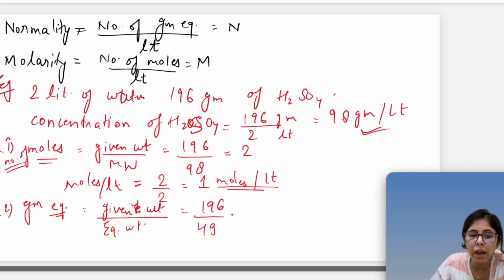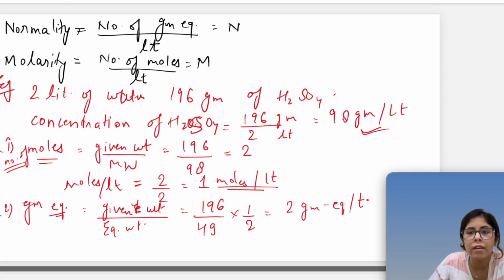So this is the number of gram equivalents, and we have to calculate it per liter because we are calculating concentration. For per liter it will be divided by 2. So it comes to 2 gram equivalents per liter. This is how we calculate the gram equivalent.